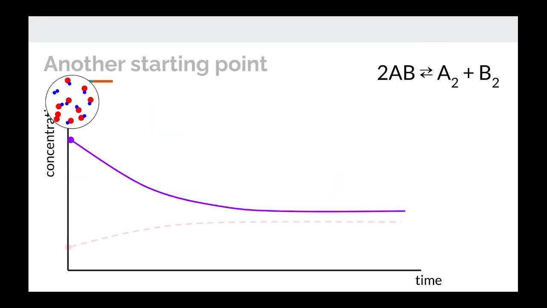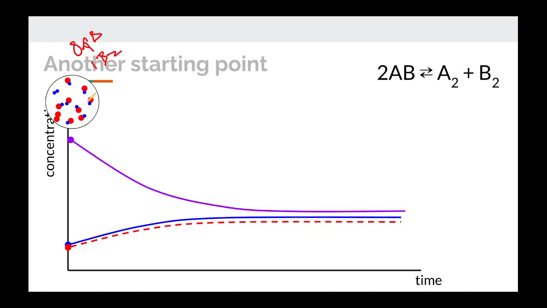Here's a different starting point. Now we have some of each. We've got 8 ABs in here. We've got 1 B2, and we've got 1 A2. As the reaction proceeds, we see change in concentration.